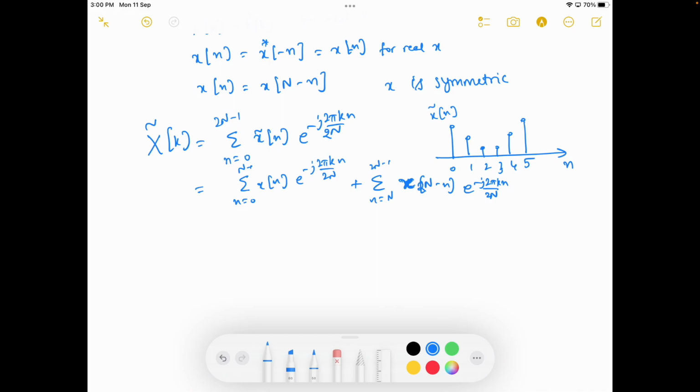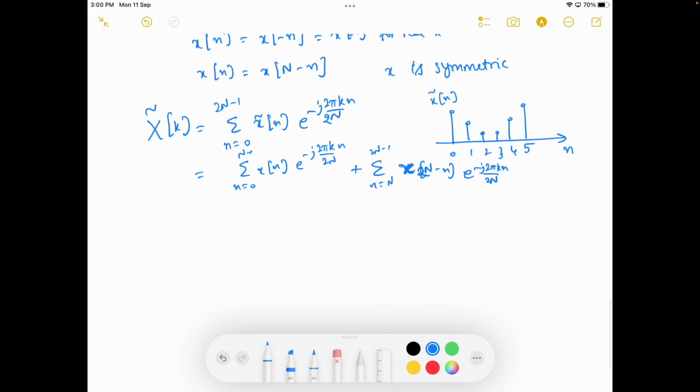And when you simplify it, you will get a bit complicated form. It will be correct, but with too many terms.